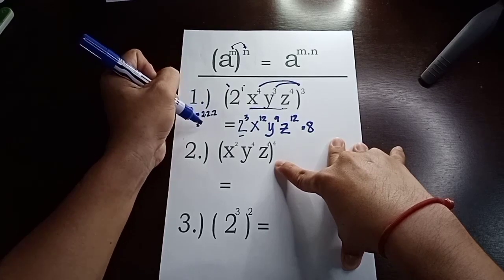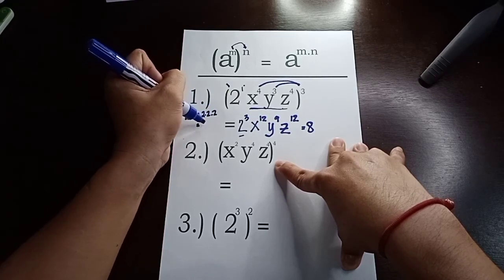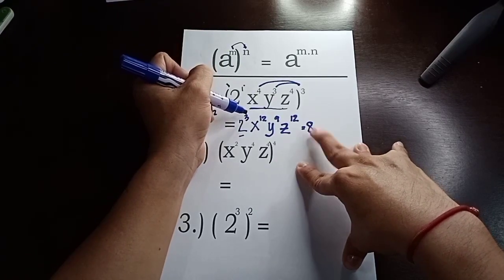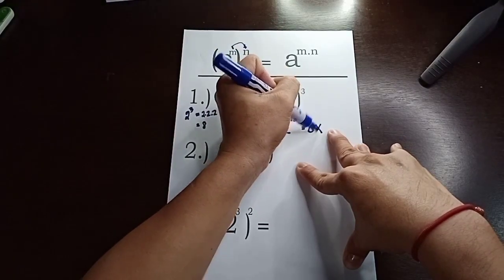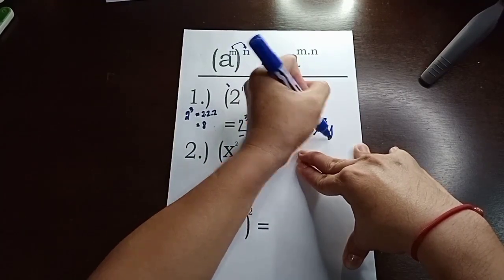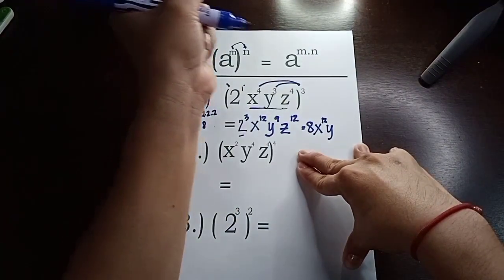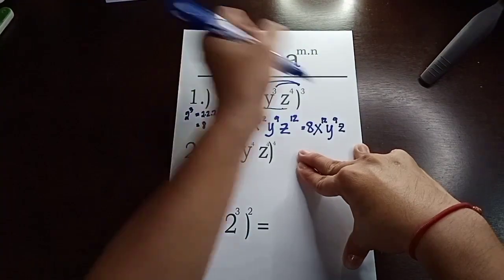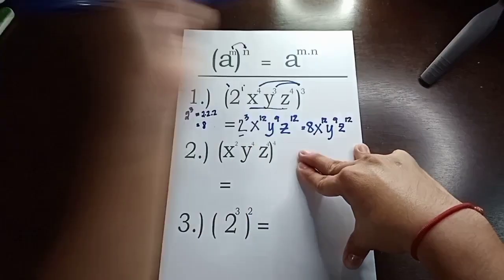So, 2 times 2 is 4 times 2 is 8. So, the 2 raised to 3 is 8. So, copy. X raised to 12. Y raised to 9. And Z raised to 12.